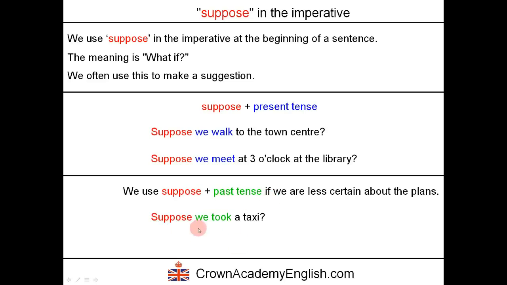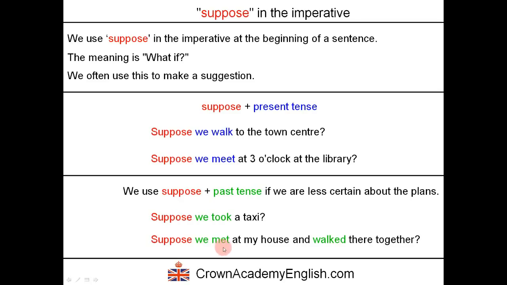Example, suppose we took a taxi. So we're making a suggestion to take a taxi, and because it's a suggestion, this is the future. So took is the past simple form of the verb take. Suppose we met at my house and walked there together. So here we have two verbs, both of them in the past tense.